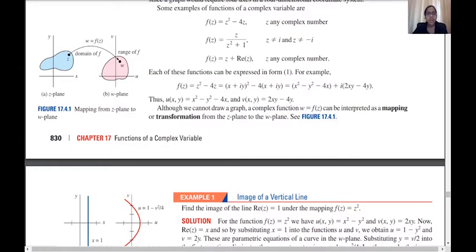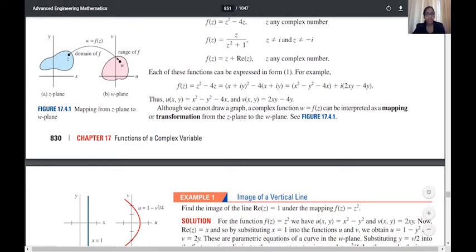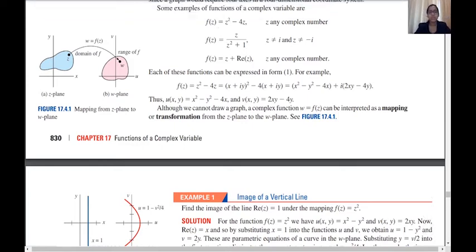Now each of these functions can also be expressed in the form like we have done. We have seen w is equal to f of z is equal to u of x,y plus i v of x,y. You can express it how? They have just explained one example, that is f of z is equal to z square minus 4z. We just substitute the value of z in this expression, that is z is equal to x plus iy.